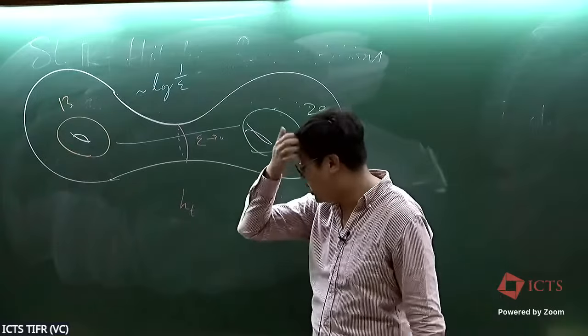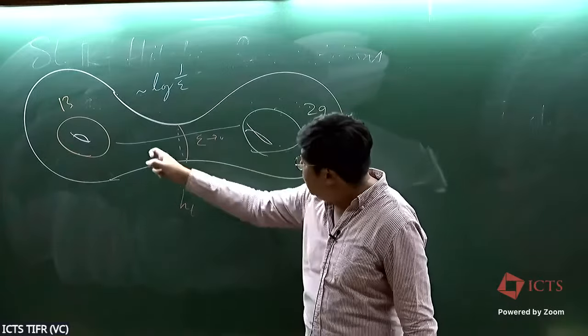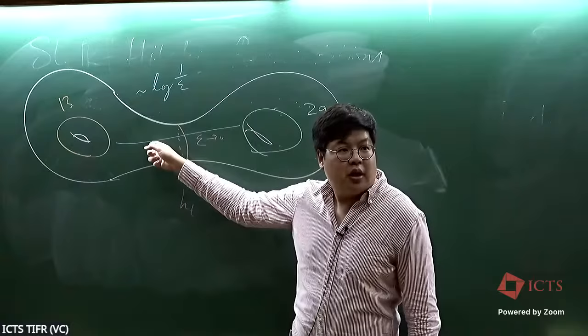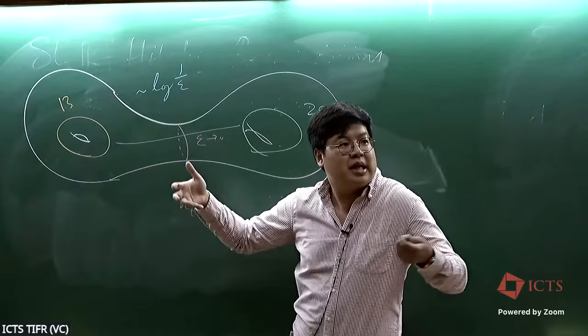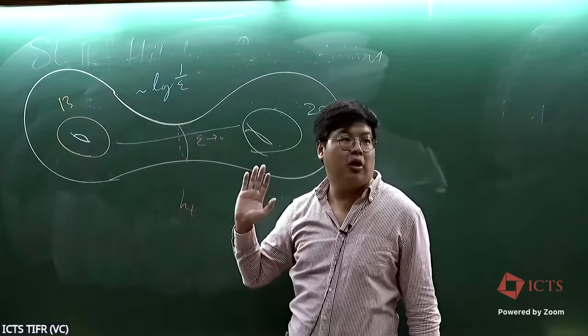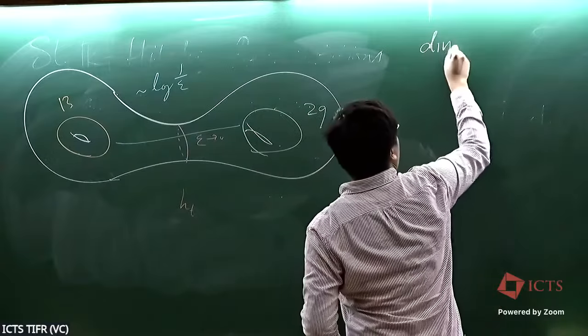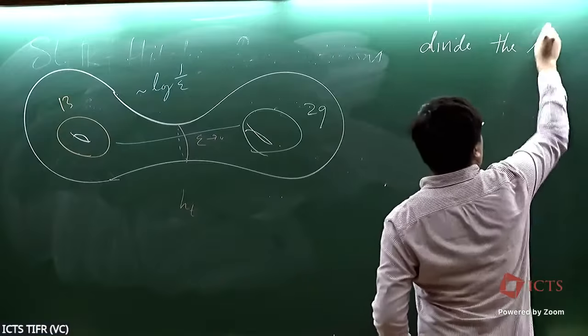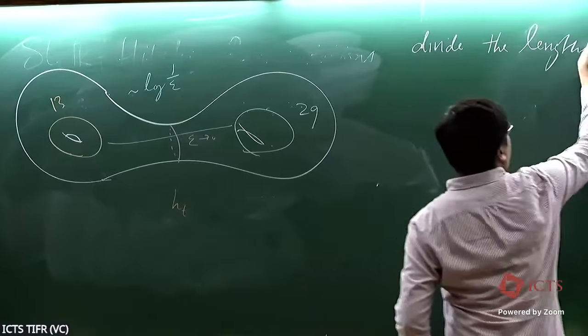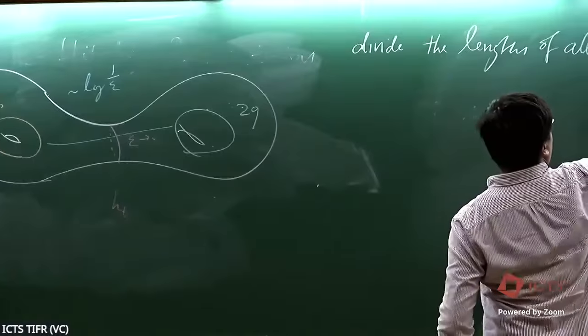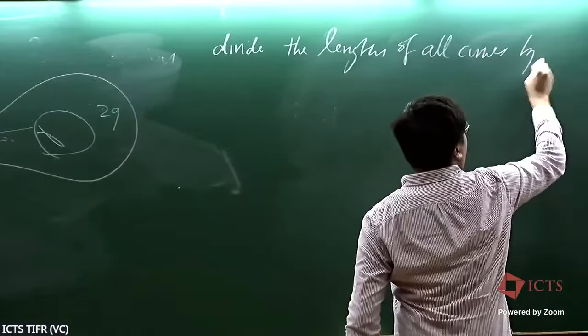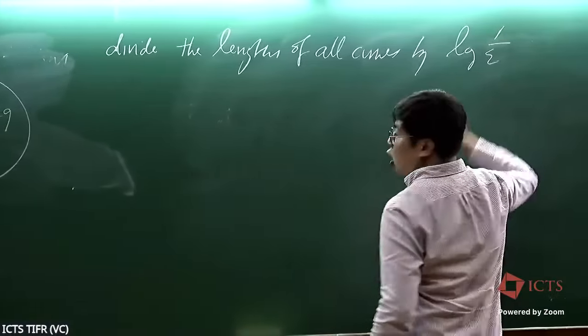What I can do is rescale and divide everything by log 1 over epsilon. So let's say I divide the lengths of all curves by log 1 over epsilon and hope I get something finite.